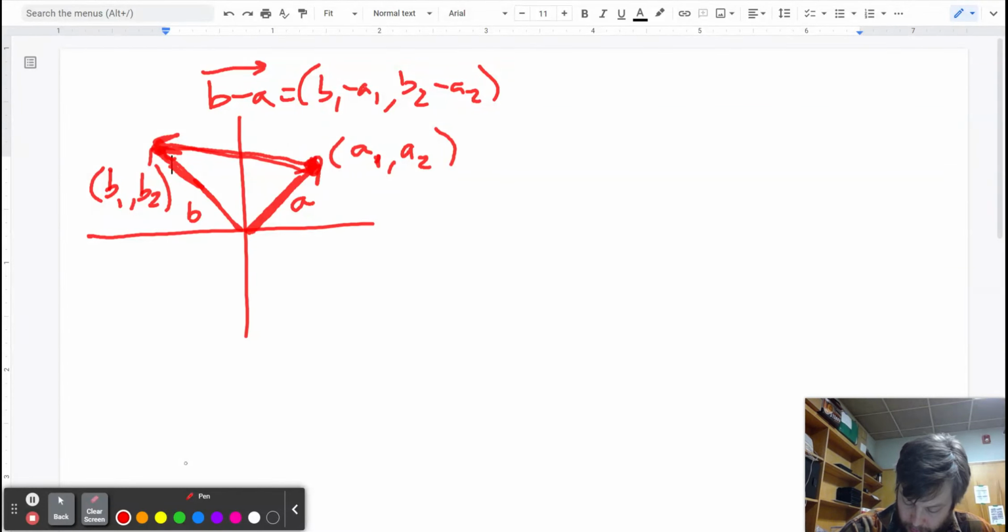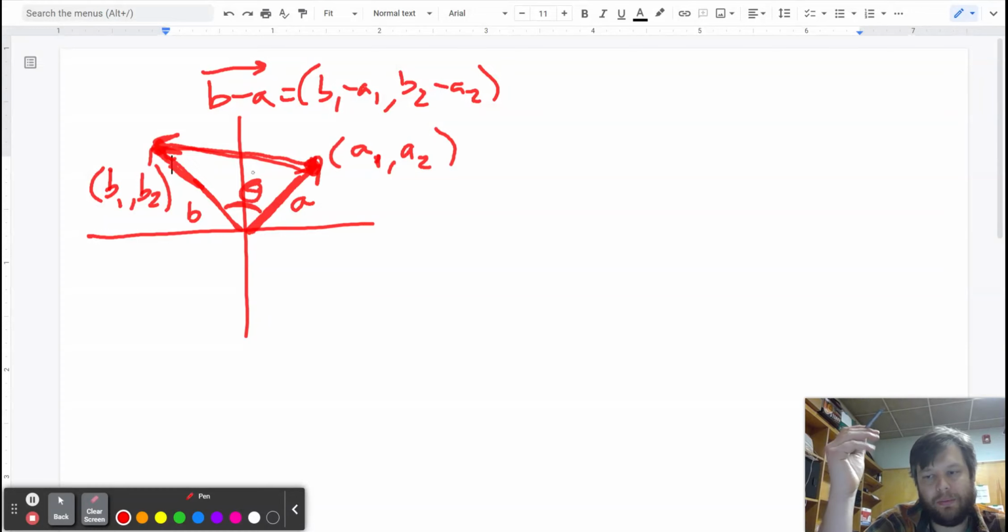Okay, so we're going to use the properties of the scalar product and the cosine theorem to show that the geometric and algebraic definitions are equivalent here. We're going to define this as our angle theta.